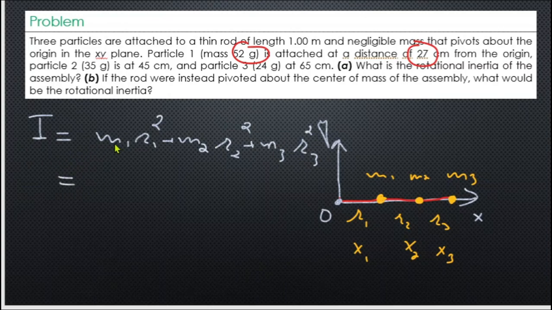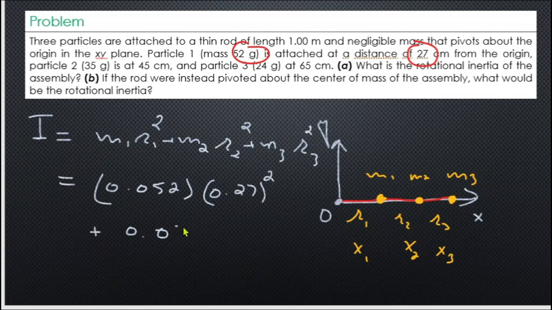We are given the values of m1 and the distance of this particle from the origin. So for the first particle, the mass is 52 gram, and that would be equal to 0.052 kilogram times its position from the origin, and that is equal to 0.27 meter square.